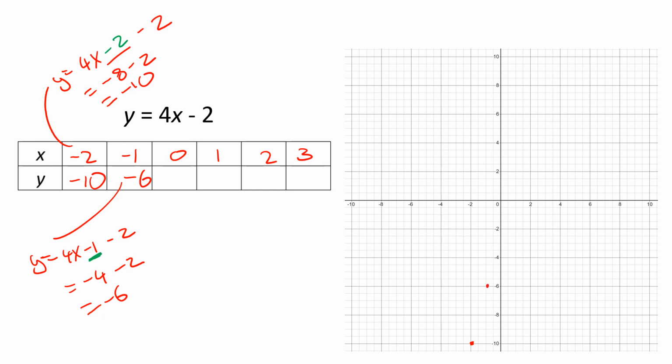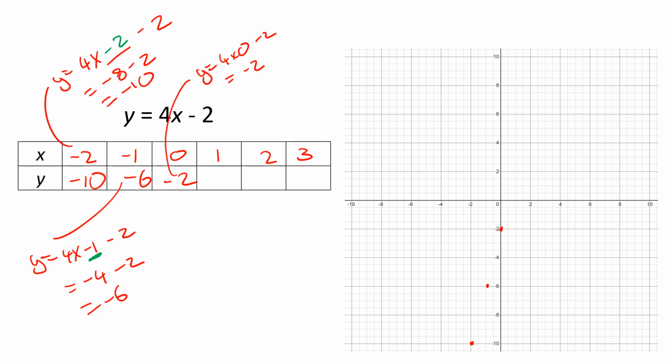So there's my point. This one here is y equals 4 times 0, -2. So the answer is going to be -2. So x equals 0, -2 on the y, so that's my spot there.